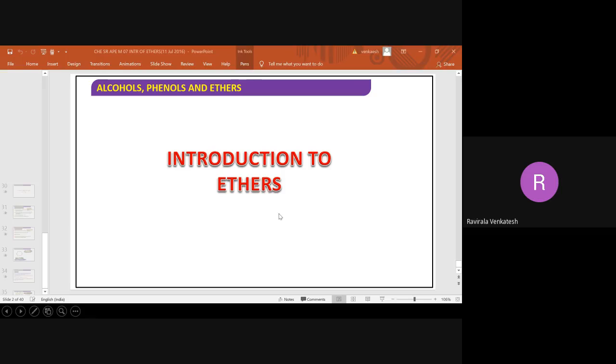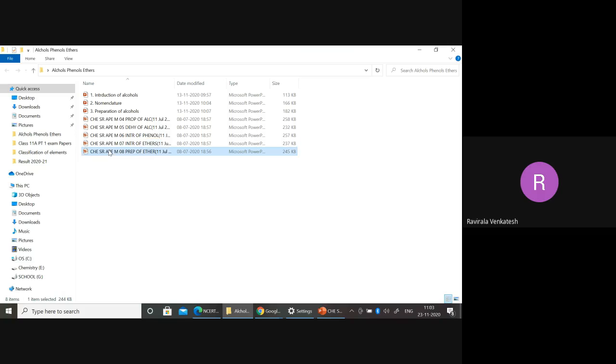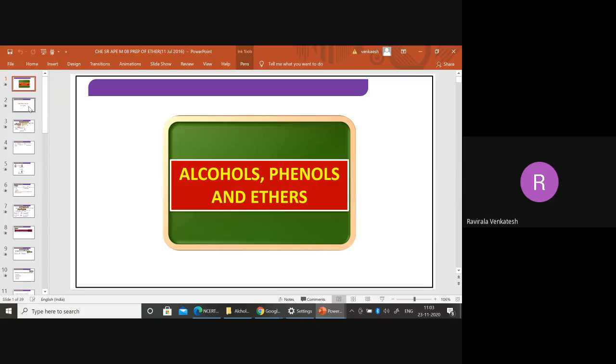These are the preparation methods now, very important preparation methods. So the first preparation method, you have the NCERT textbook now.